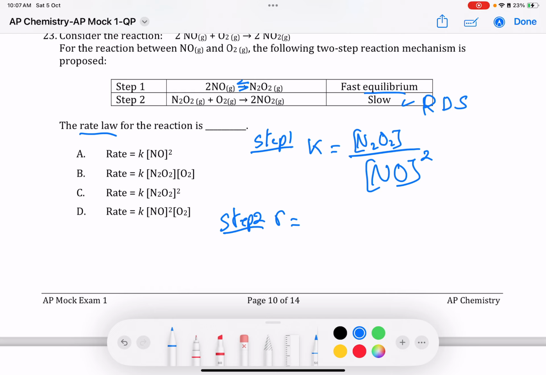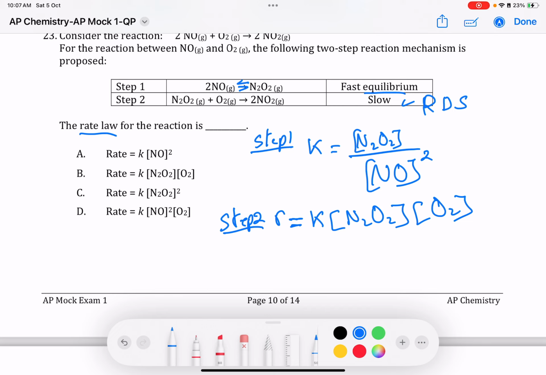We always rely on the slow step to write the formula of the rate law. So it is K multiplied by N2O2 multiplied by O2.